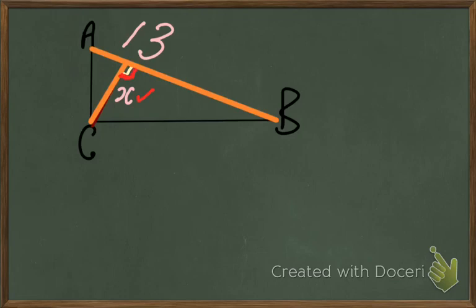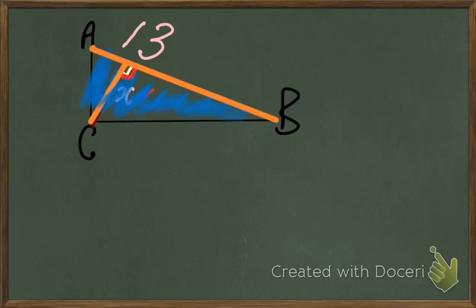Now, since this blue triangle ABC is such that we can also see AB as one of the bases of the triangle, we can use AB as the base, and we can use this line here as the height of the same blue triangle.